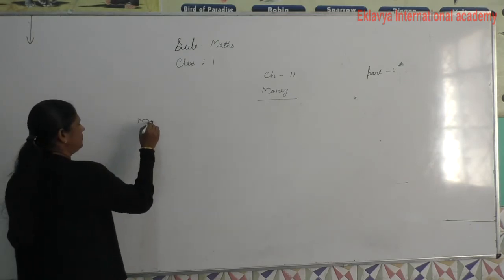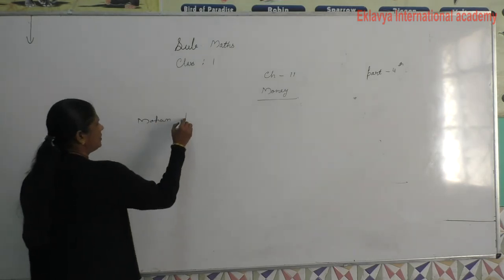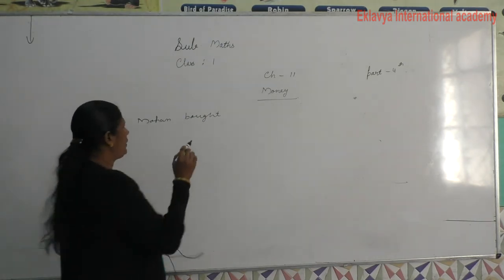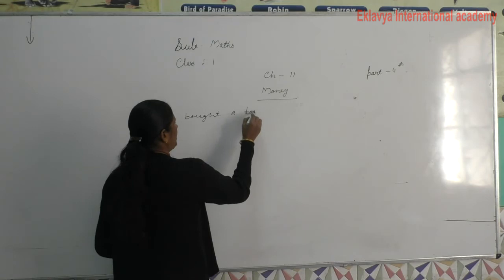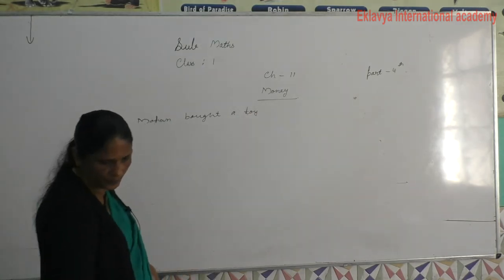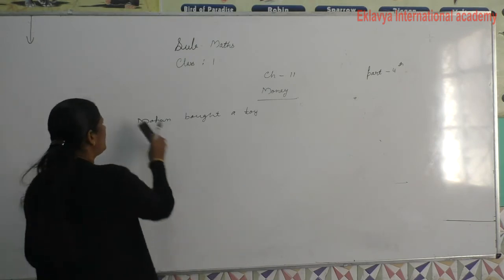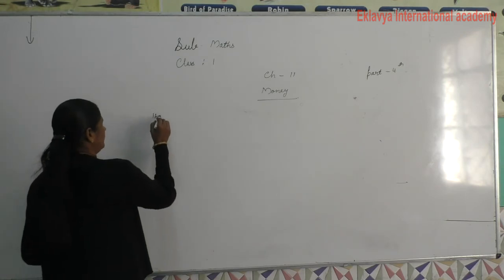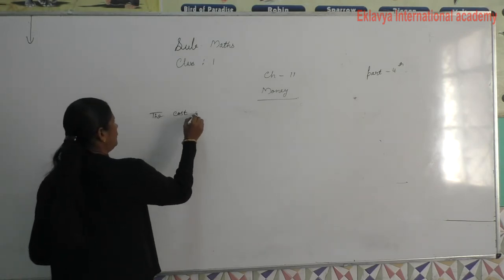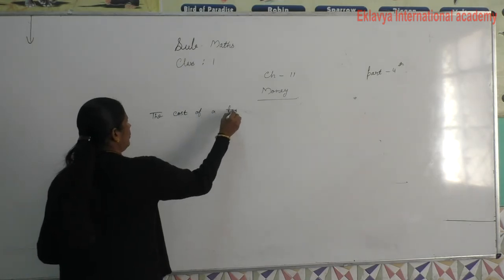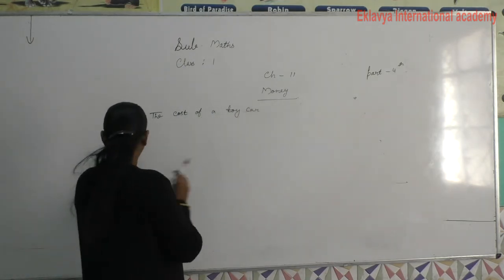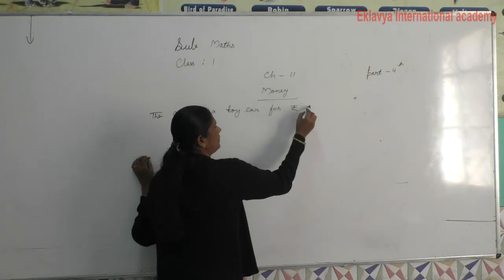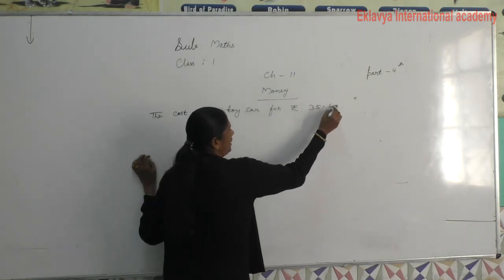Mohan bought a toy car. The cost of a toy car is rupees 35.40.